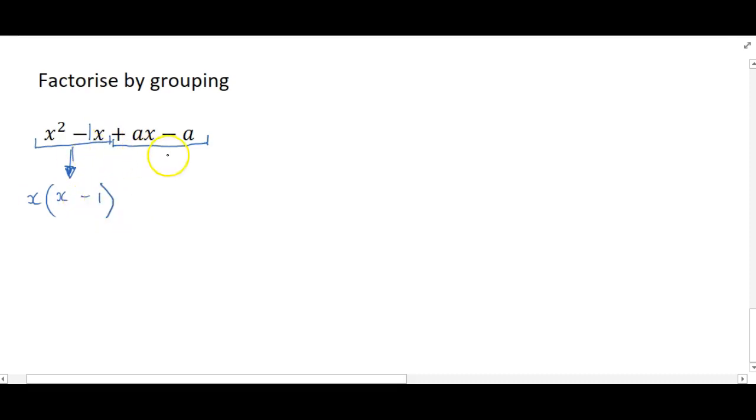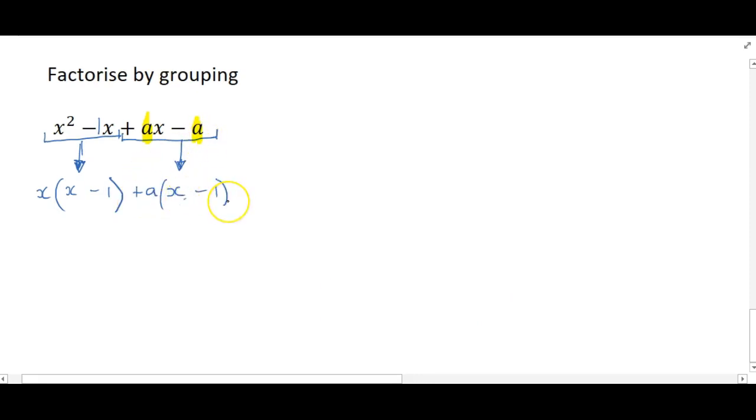The second pair has a highest common factor of a, so let's do plus a. We take out a from both of these terms. In brackets, ax divided by a is x, and negative a divided by positive a is negative 1.